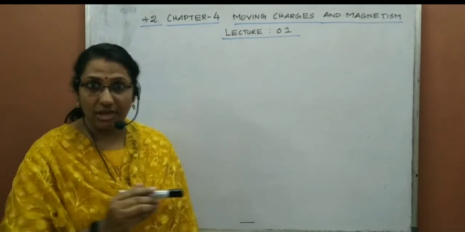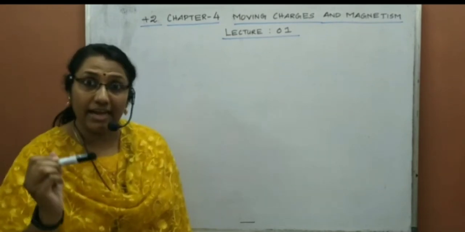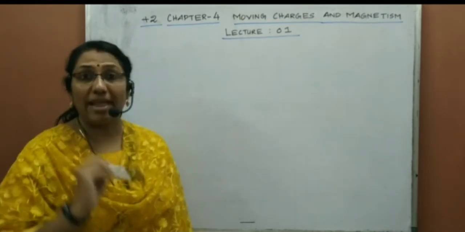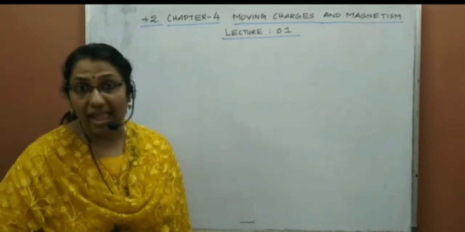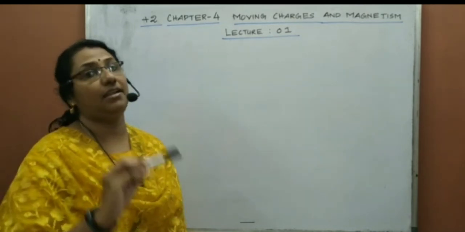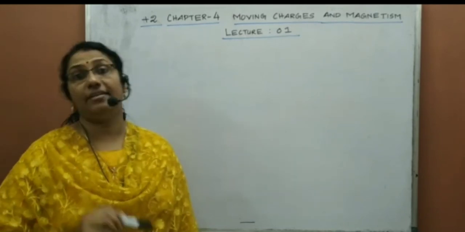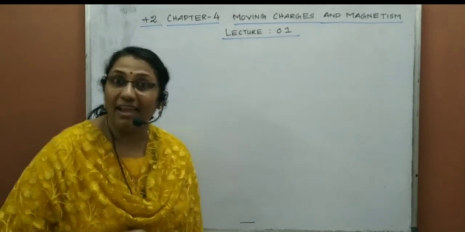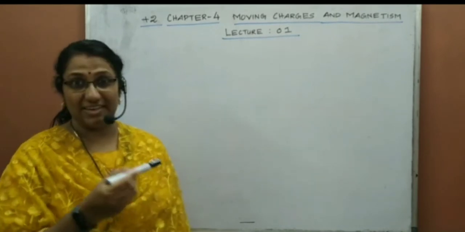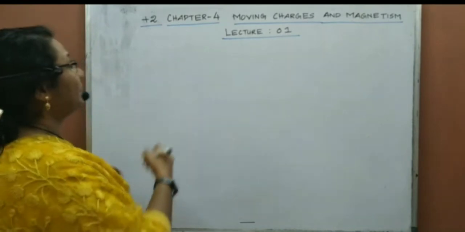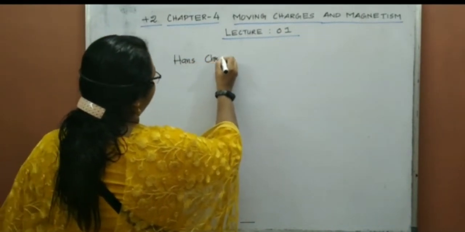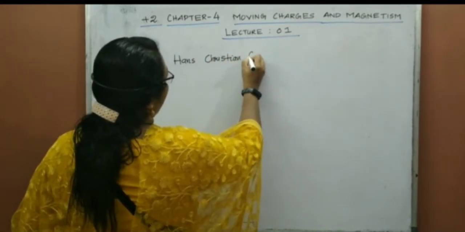Moving charges means current. A current carrying conductor shows a certain magnetic property, a magnetic effect. The magnetic effect of a current carrying conductor was first identified by a scientist, Hans Christian Ørsted.